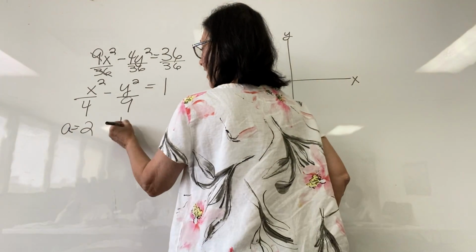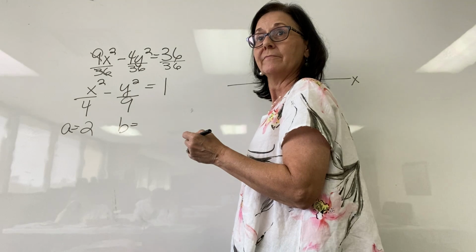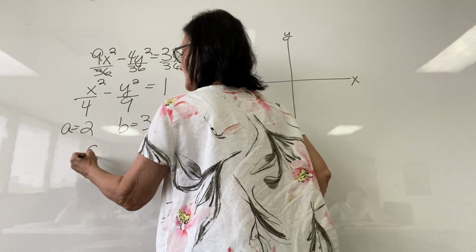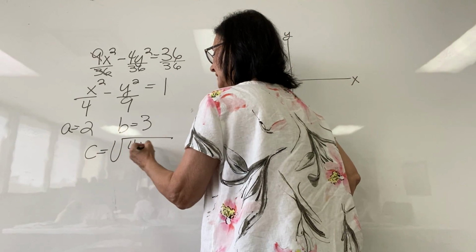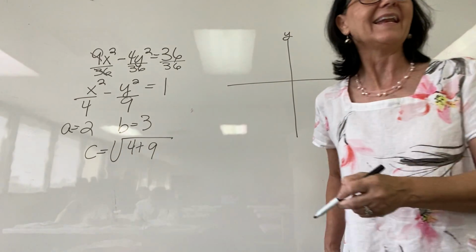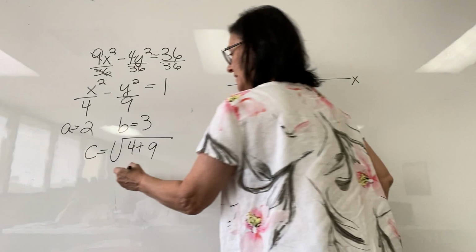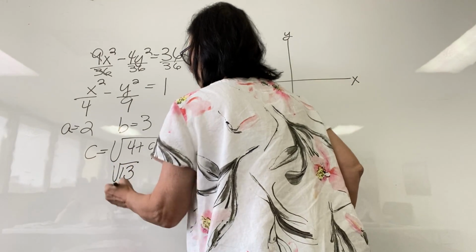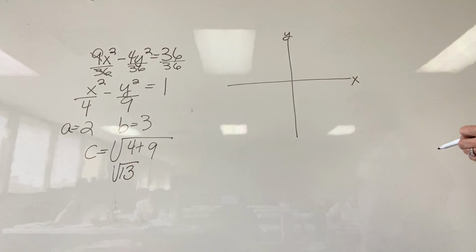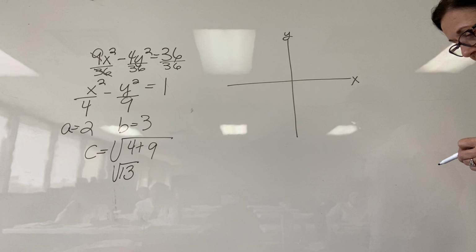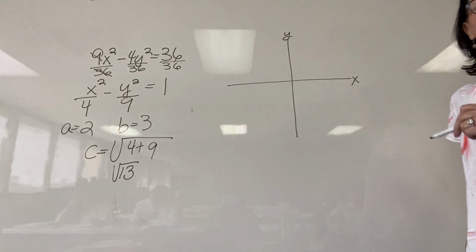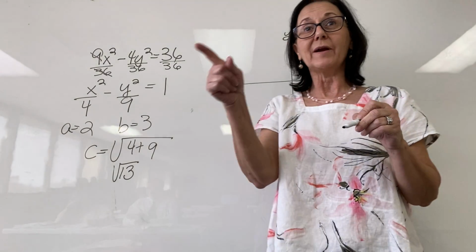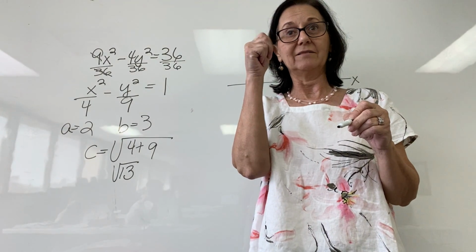And my B value is going to be 3. My C value is now the square root of 4 plus 9, because we're adding, right? So my C value is going to be the square root of 13, which is between 3 and 4, because 3 squared is 9 and 4 squared is 16. That's how I figured that out. Got it?